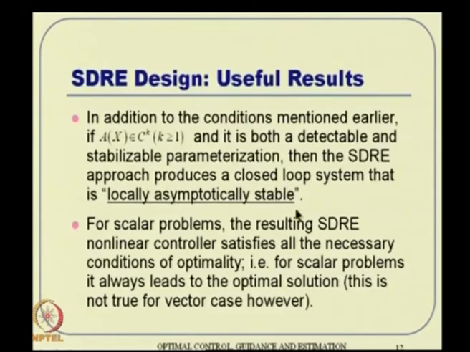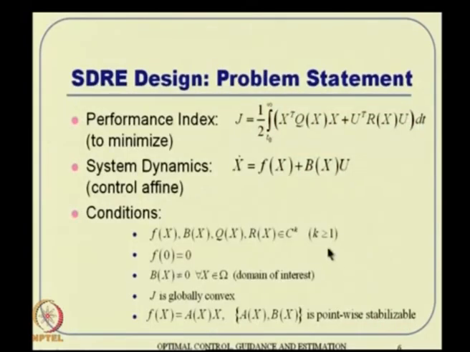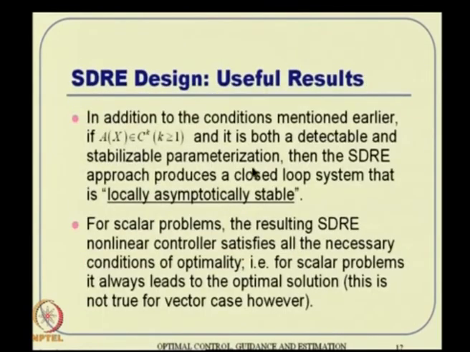So, remember this choice of writing f of x as A of x times x is not unique. Different A matrices pop up, and hence you have these pointwise stabilizability and detectability concepts. No matter whatever A of x you get, if it satisfies both conditions, that means it is of class Ck and also a detectable and stabilizable parameterization, then the theorem tells us it leads to a closed loop system that is always locally asymptotically stable.